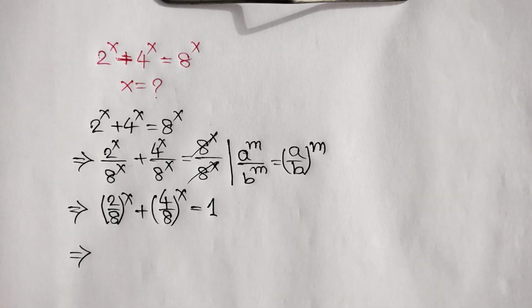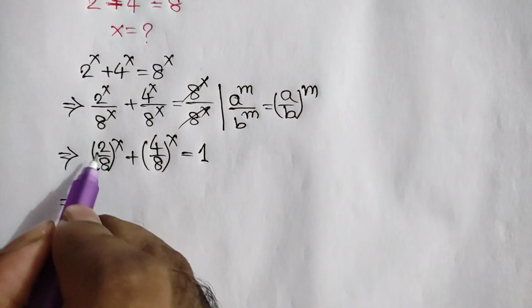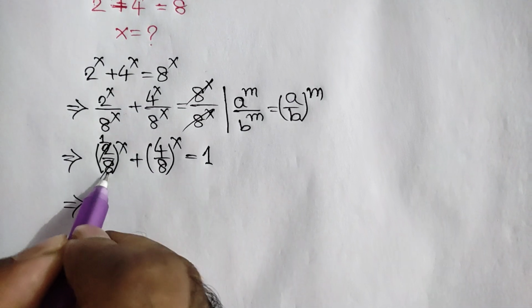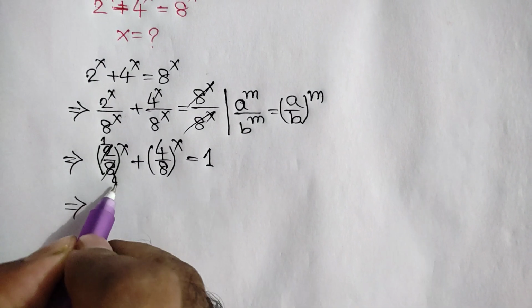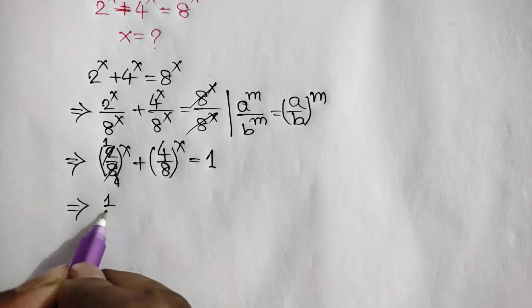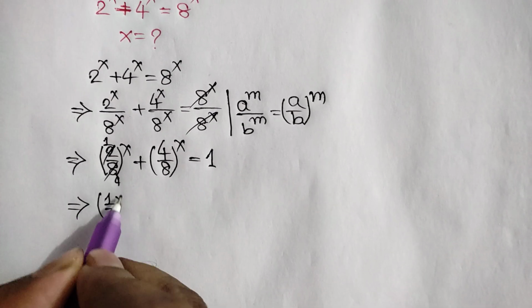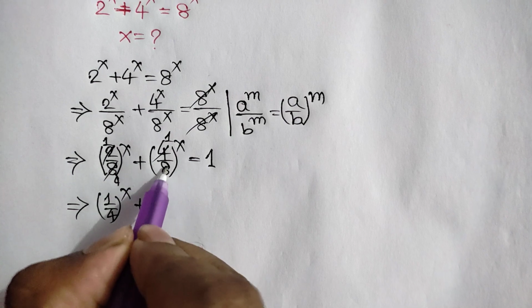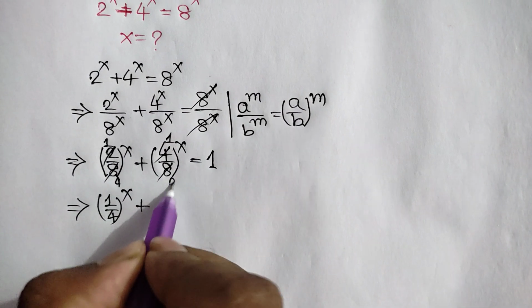2 divided by 2, it will be remaining 1, and 2 divided by 8, it will be remaining 4. So here we can write 1 over 4 to the power x plus 4 divided by 4, it will be remaining 1, and 4 divided by 8, it will be remaining 2.